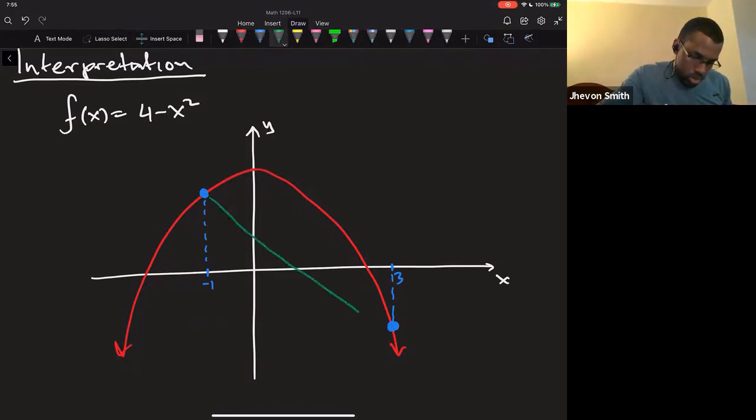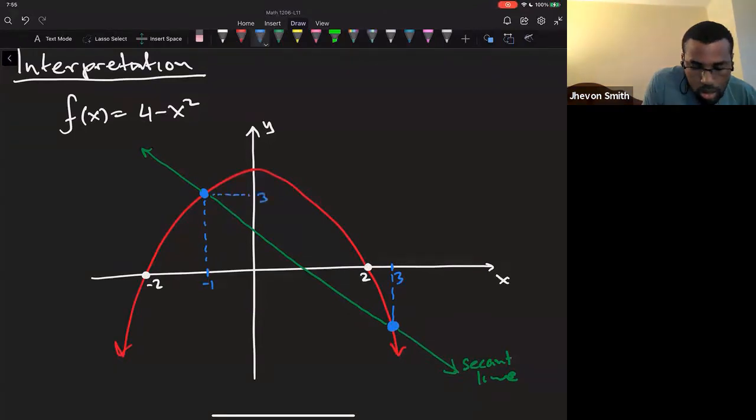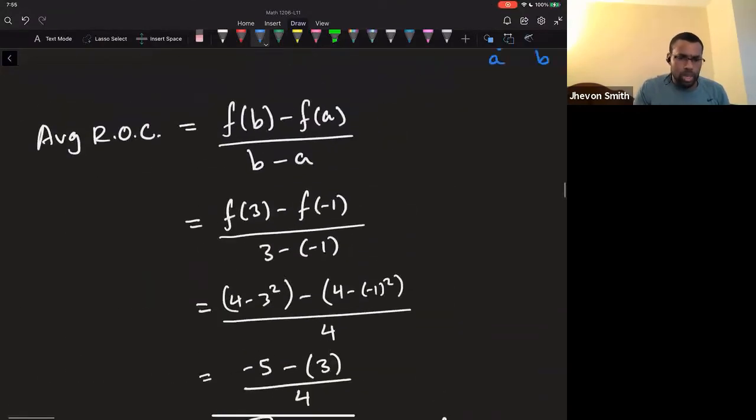Okay, so that's our guy, Mr. Secant Line. We know that this goes through at -2 and 2. So at -1, this was at level 3. And at 3, this was at level, what was it, -5? I think it was -5.